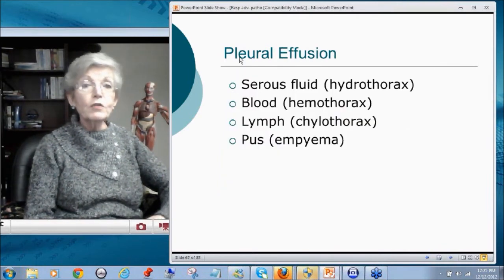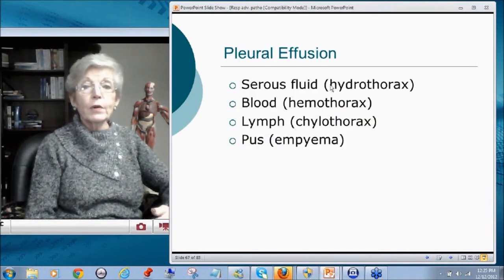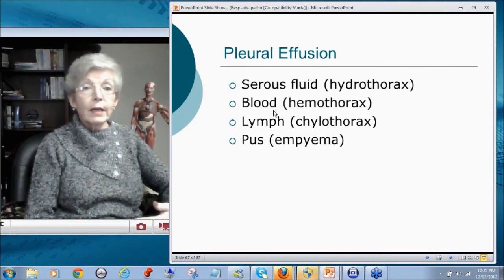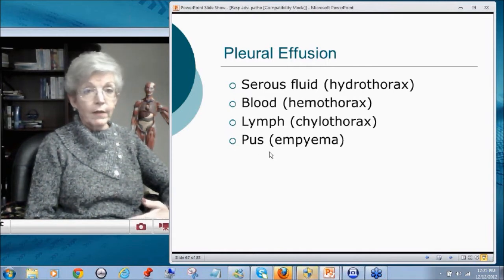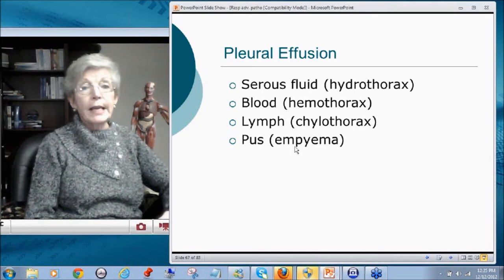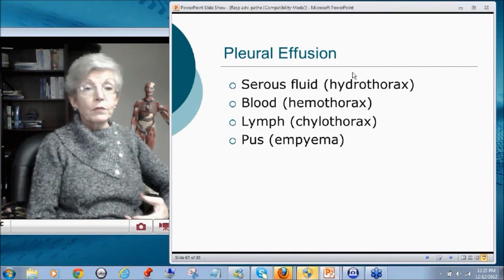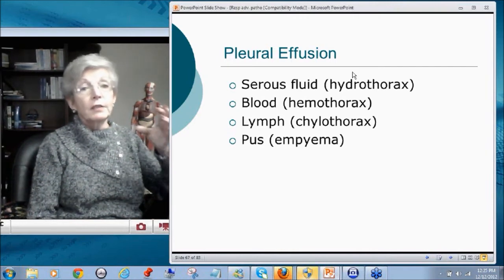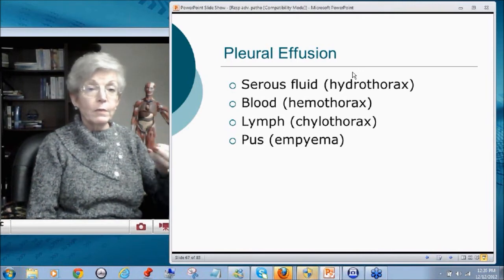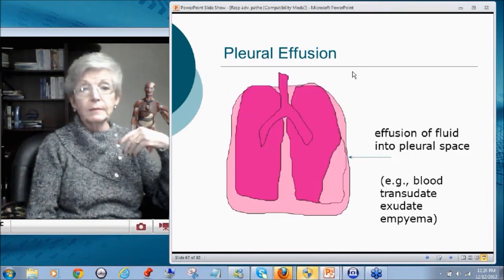So a pleural effusion would be due to a hydrothorax, blood, a hemothorax, lymph, which would be a chylothorax, or an accumulation of pus in that particular space would be an empyema. So a pleural effusion can be due to all of these things, that this collection of fluid between the pleural surfaces destroys the normal vacuum environment, and then the lung collapses.